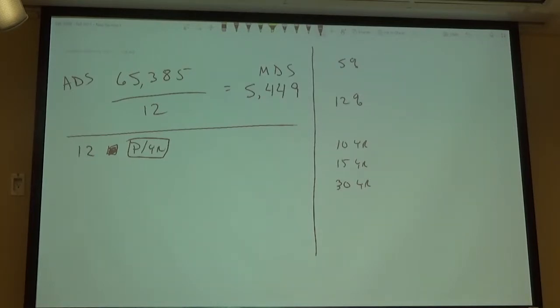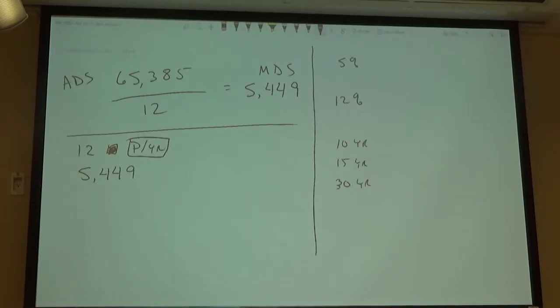Then, the piece of information we do know is our payment amount, $5,449. That is going to be the monthly payment amount.